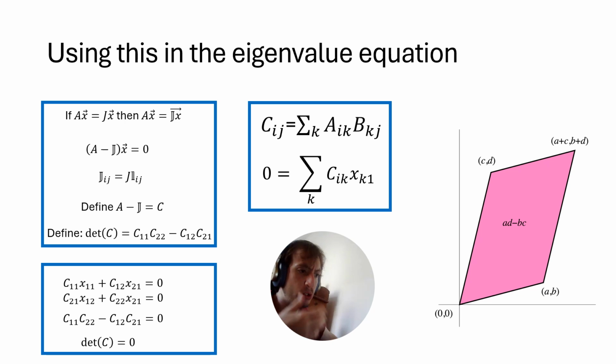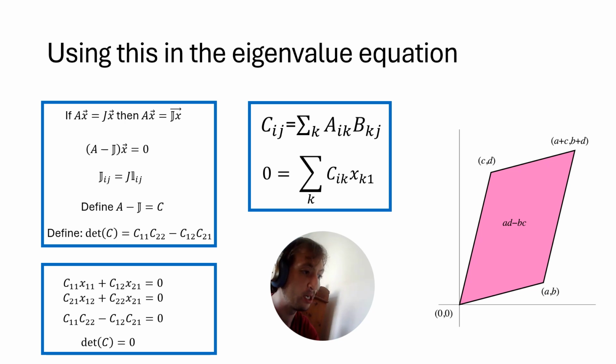And if you write out explicitly, if we think of X as having two components and therefore C being a 2 by 2 matrix, and we write out explicitly how the components are going to have to relate to each other based on our equation, then we end up with essentially a pair of simultaneous equations.